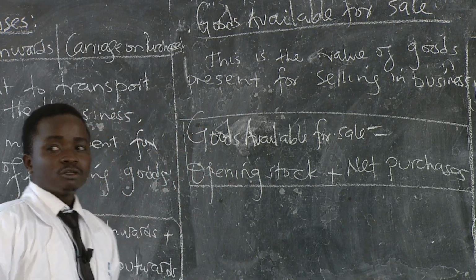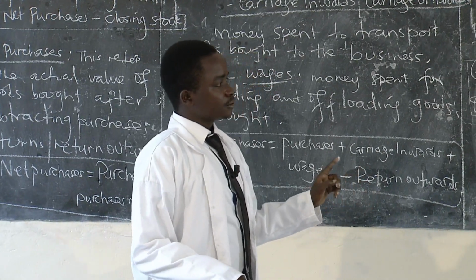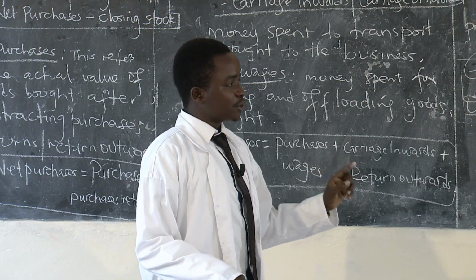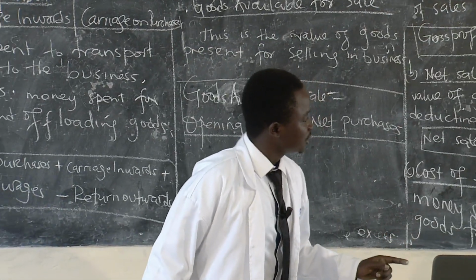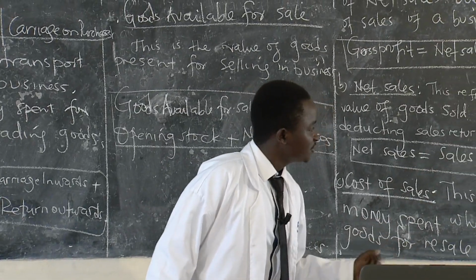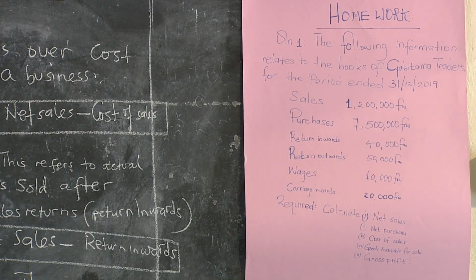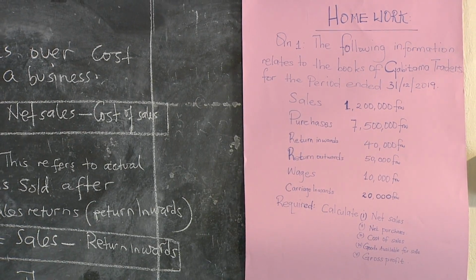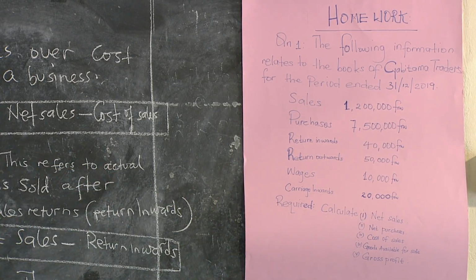I want to do Roman 1 for you, because they want us to calculate net sales, net purchases, cost of sales, goods available for sale, and finally gross profit. So I want us to use the formulas that we have. Because items are given, formulas are given, it is not very hard.